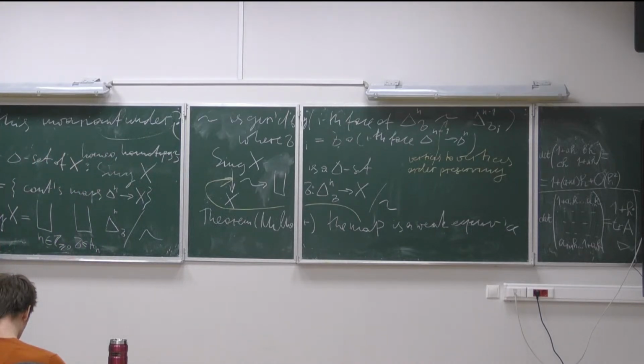Again, this is something you need to check. We introduce the standard metric, and then we could just take the epsilon neighborhoods of the sets, and this will do the trick.